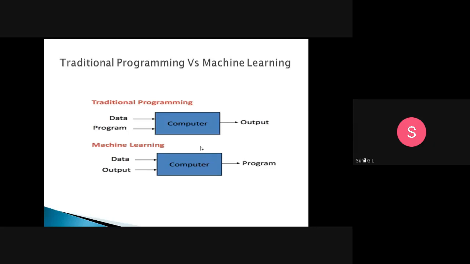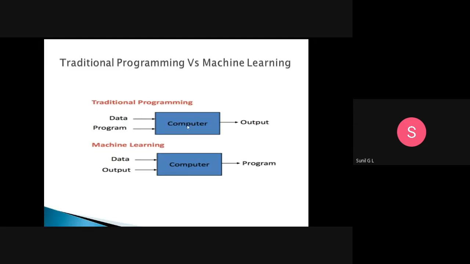This is the difference between traditional programming and machine learning. In traditional programming, for example in a C program, you write a program for addition of two numbers. Then you give the input, say A is equal to 10, B is equal to 20.